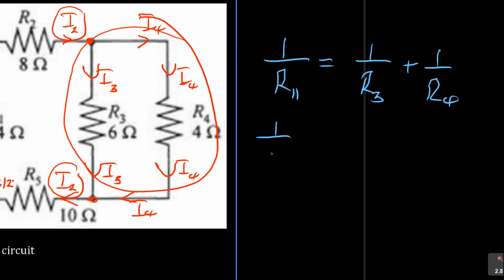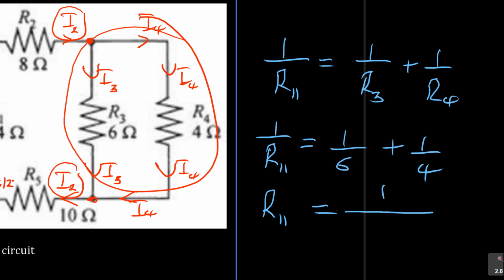When they're in parallel, we use the parallel combination, which is 1 over R parallel is equal to 1 over R3 plus 1 over R4. So 1 over R parallel is equal to 1 over 6 plus 1 over 4. And I told you what to do. When you want to get R parallel directly, you say 1 over 6 plus 1 over 4.